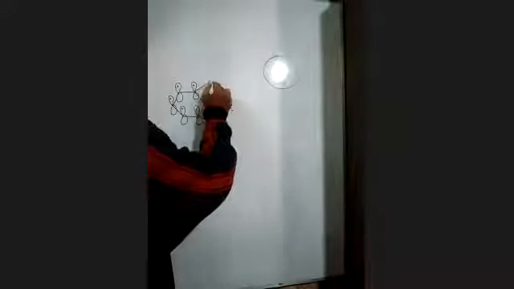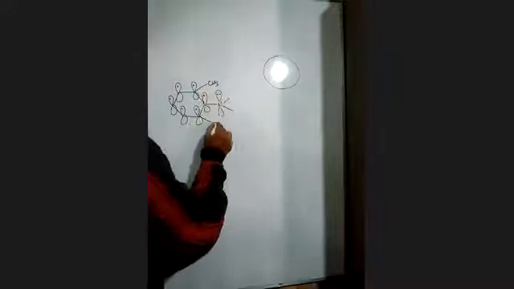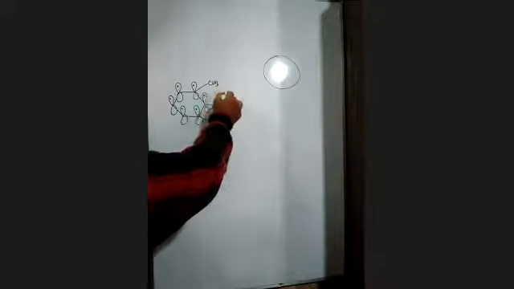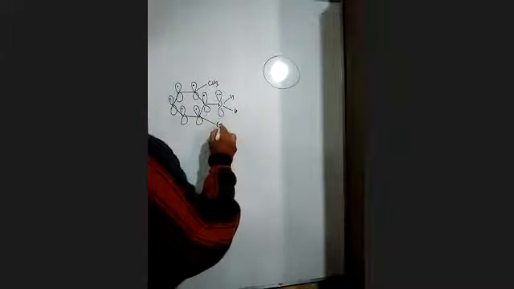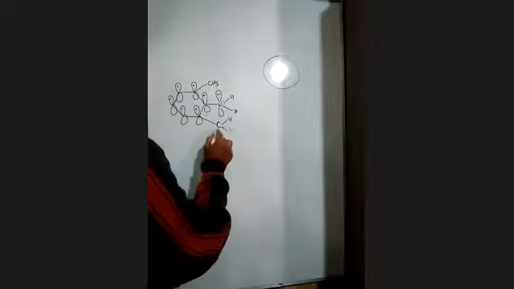Now, suppose I have put 2 methyl groups here. What will happen? Then there will be obstruction, because this hydrogen and this hydrogen will come near. I'll show you how it comes near.